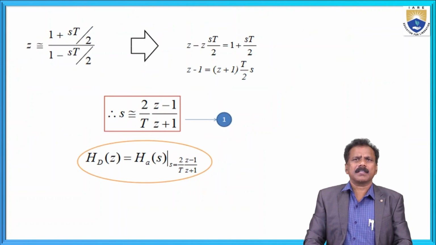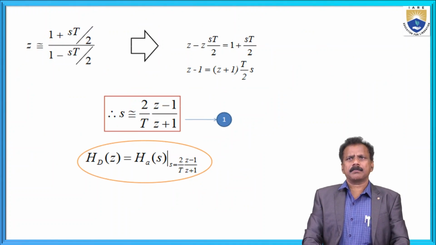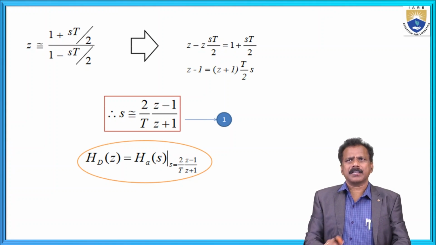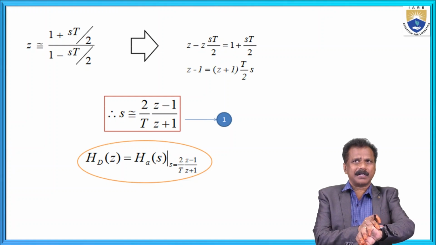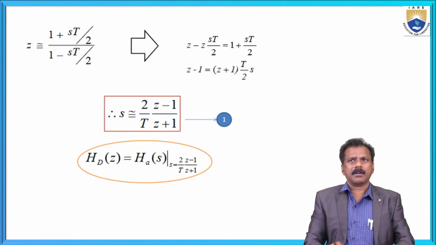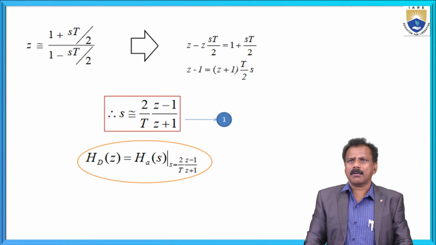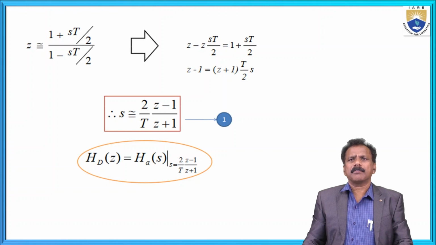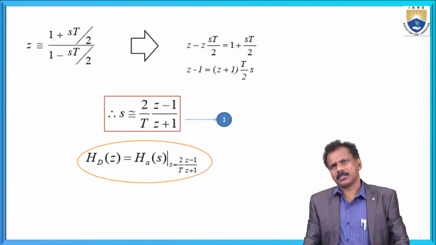Then z minus z times sT by 2 is equal to 1 plus sT by 2, that is z minus 1 is equal to (z plus 1) into T by 2 into s. Therefore s is approximately 2 by T into (z minus 1) by (z plus 1).